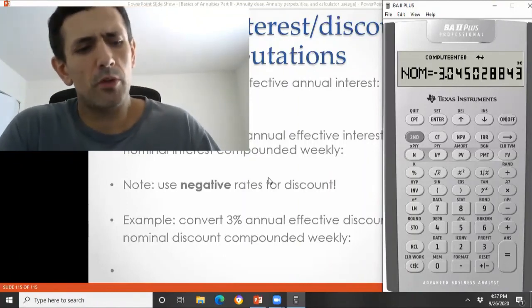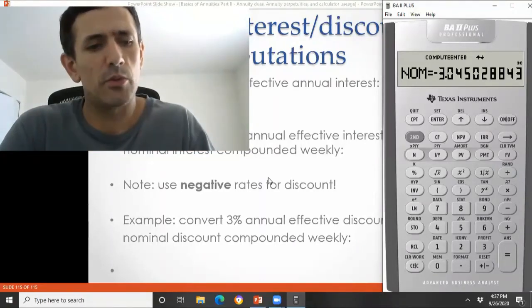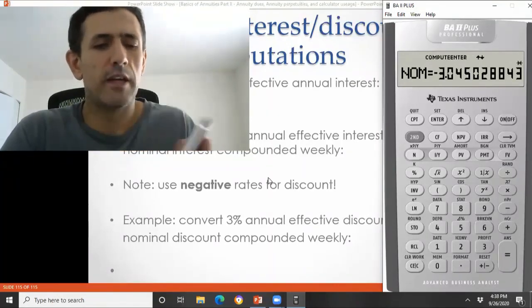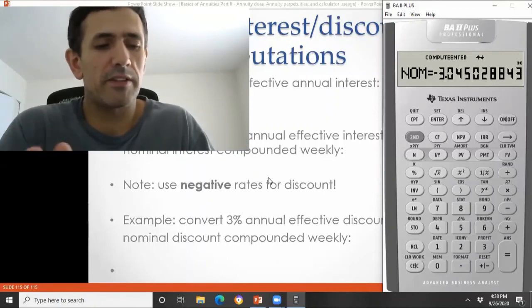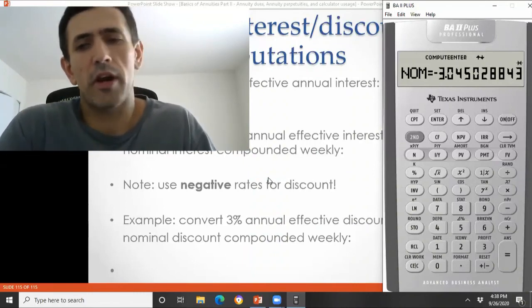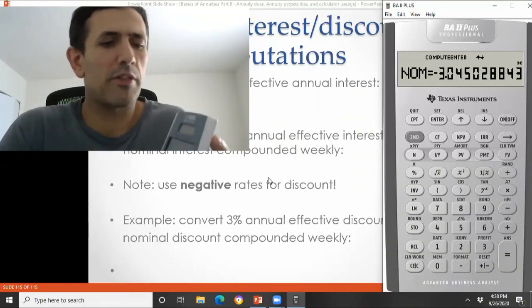So what people do is they'll just bring both of these calculators to Exam FM. I use this calculator actually for Exam P. I really liked it. There's nothing really to dislike about it. It's the same as an expensive TI 80 or 90, but no graphing, no programming features. It's like 20, 30 bucks.